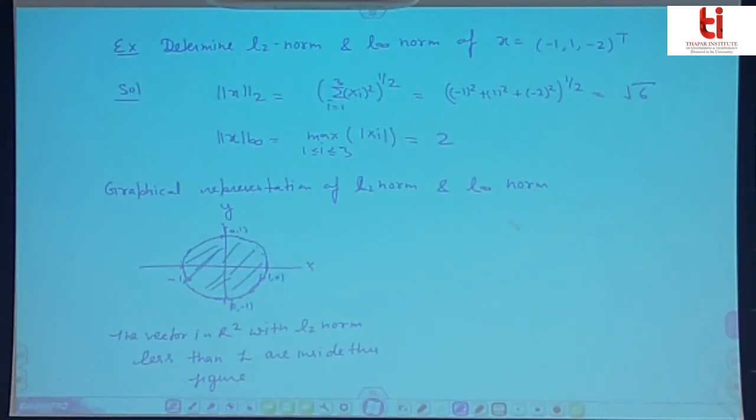And L infinity norm, you can represent it as a unit square. Okay, this is 1 0, minus 1 0, 0 minus 1, and 0 plus 1. So the vectors in R2 with L infinity norm less than 1 are inside this.